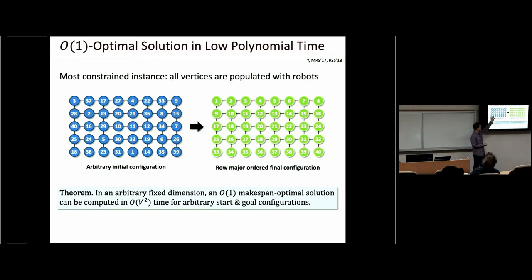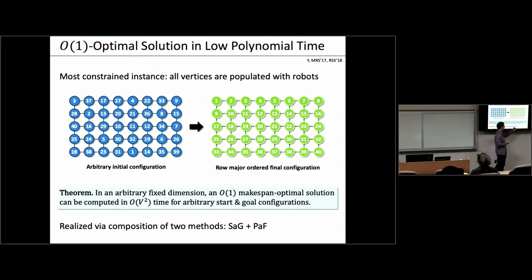That is, if you have V vertices here, it takes only O(V squared) amount of time to route from any start to any goal configuration. Our method uses two subroutines that we developed. We call them SAG, standing for split and group, and PF, standing for partition and flow.